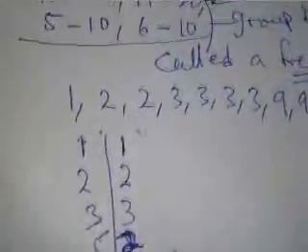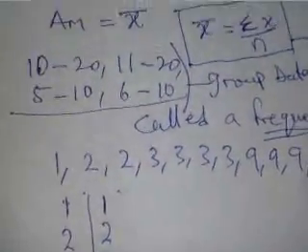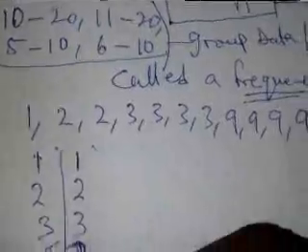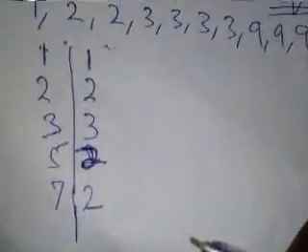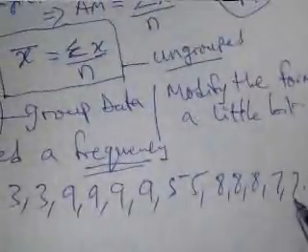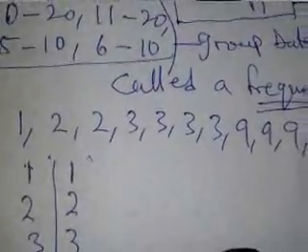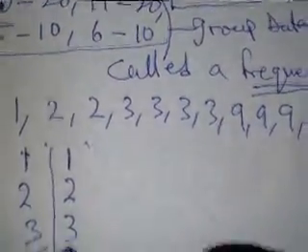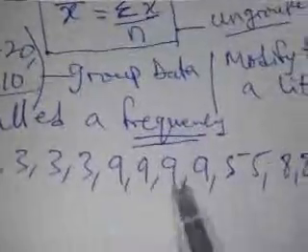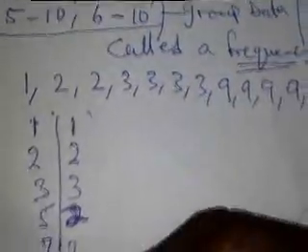What's the next number after 5? I think that is 7. 7 occurs twice. After 7 we have 8. How many times does 8 occur? 8 occurs 3 times. Then 9. How many times does 9 occur? 1, 2, 3, 4. 9 occurs 4 times.